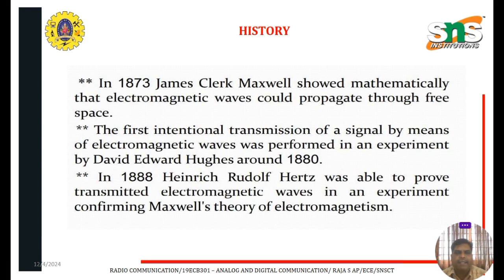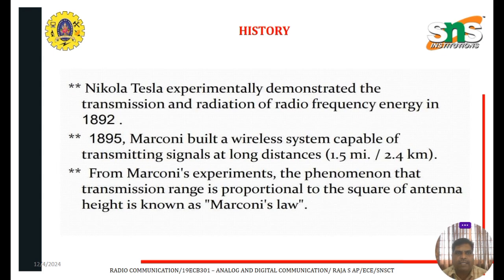In 1888, Heinrich Rudolf Hertz was able to transmit electromagnetic waves in an experiment confirming Maxwell's theory of electromagnetism. Nikola Tesla experimentally demonstrated the transmission and radiation of radio frequency energy in 1892.